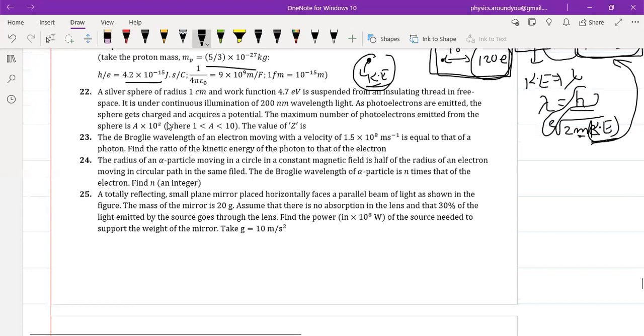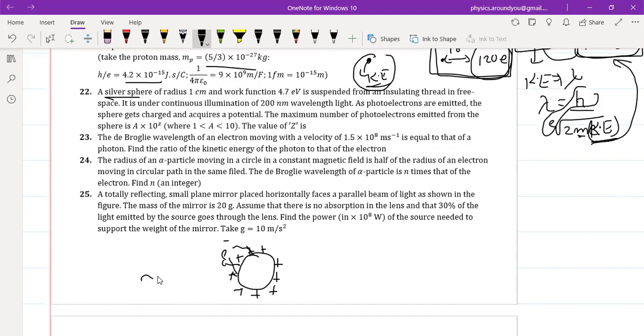Question number 22, by far, is the most conceptual question you can ever encounter in the dual nature. I'll tell you why. As the sphere gets positively charged, the escaping electron, as I explained in the earlier part of the video, becomes more and more difficult to escape.